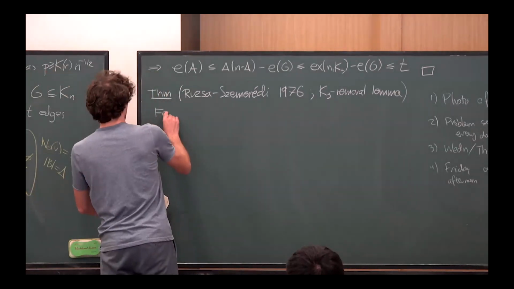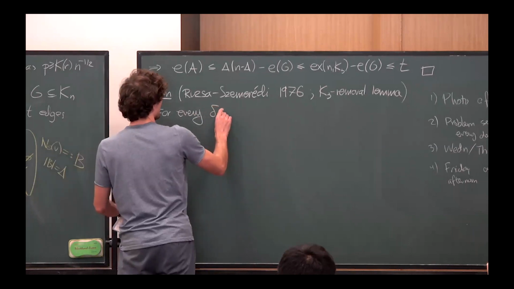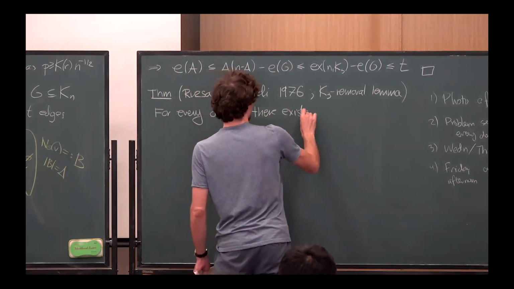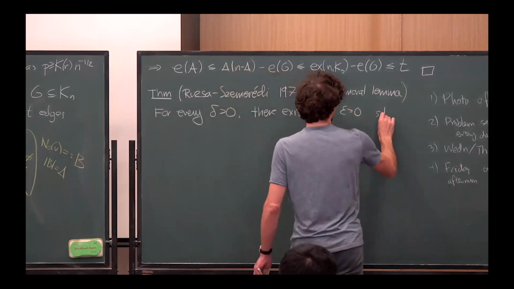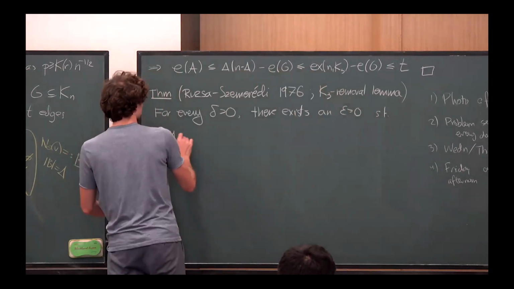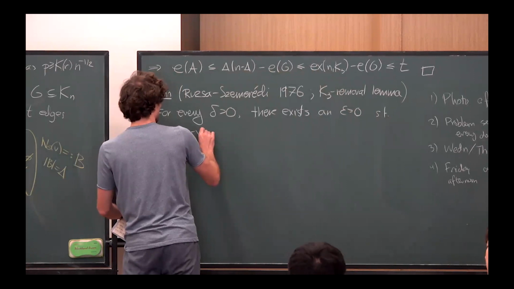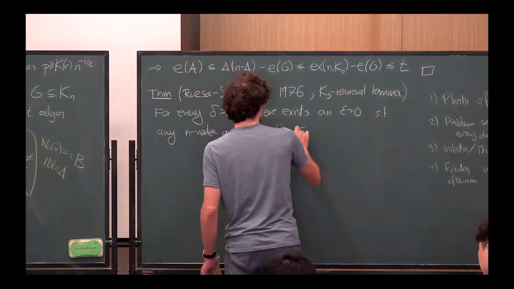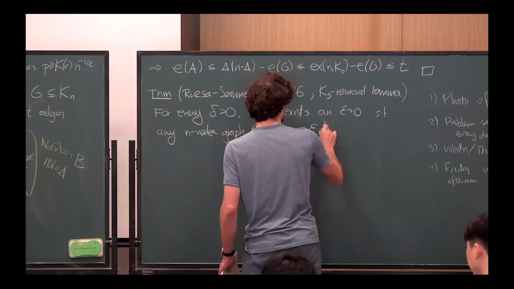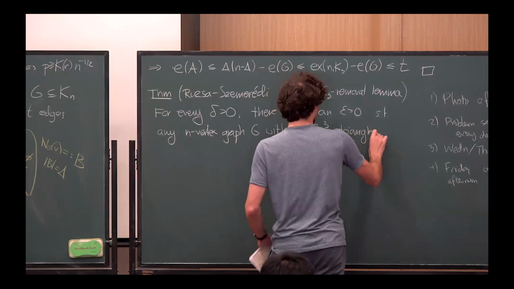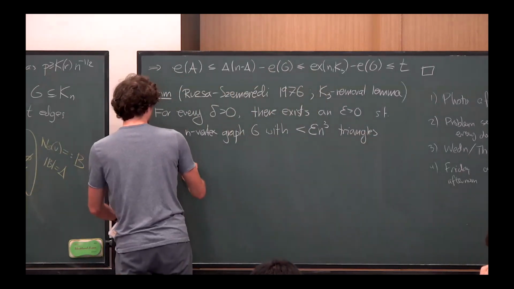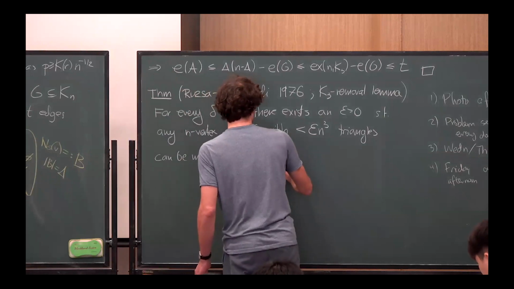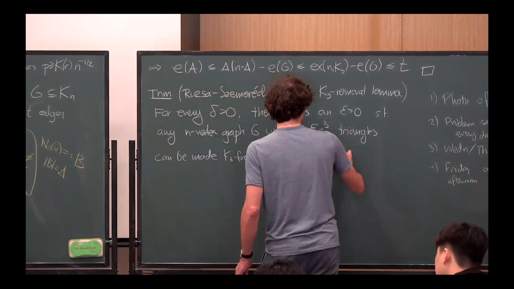So for every delta, there exists an epsilon such that any n-vertex graph P with fewer than epsilon n cubed triangles can be made triangle-free by removing at most delta n squared edges.